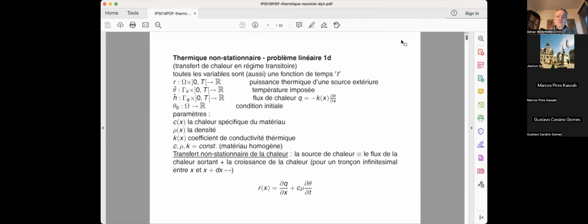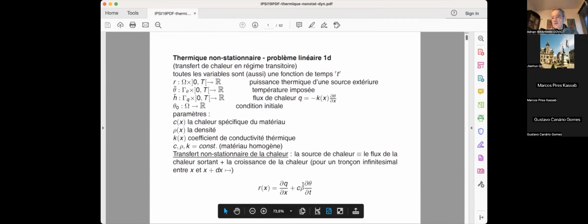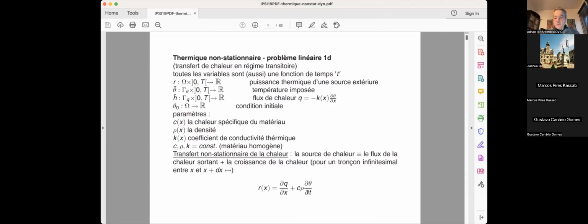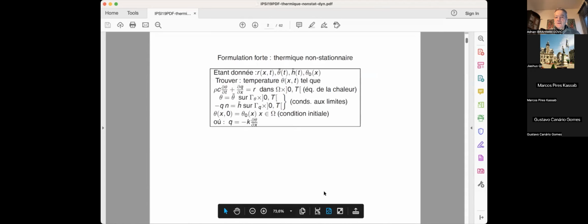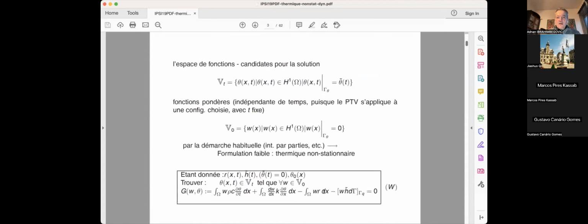So just to recall the non-stationary problem, we first studied the heat transfer problem. This here is an energy conservation principle, where the internal energy is proportional to the heating for, let's say, a perfect conductor, where the mechanics is ignored. And we have looked into this first order differential equation, where theta is the temperature as a function of time. Given that theta is now a function of both the space x and the time t, when you discretize, you can only accomplish half of the solution.